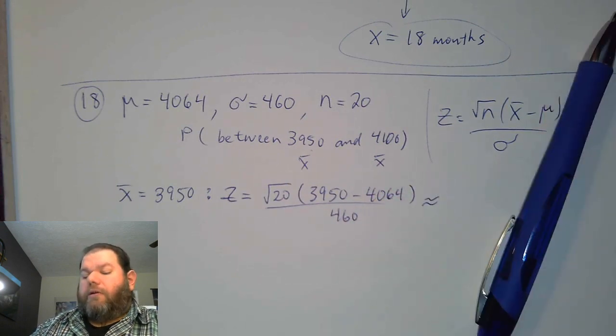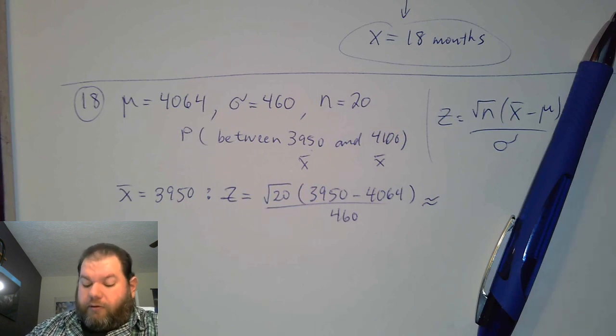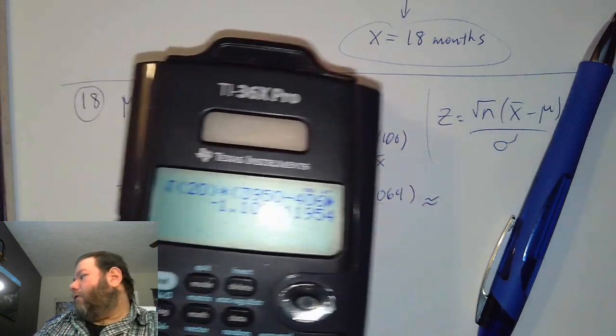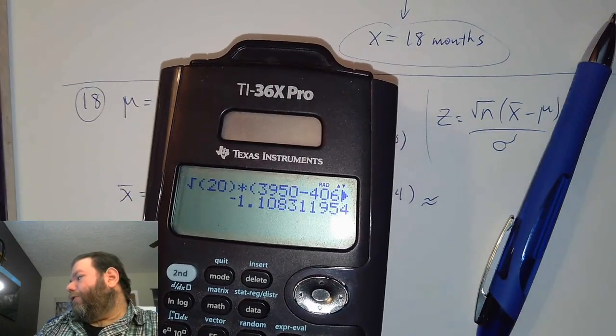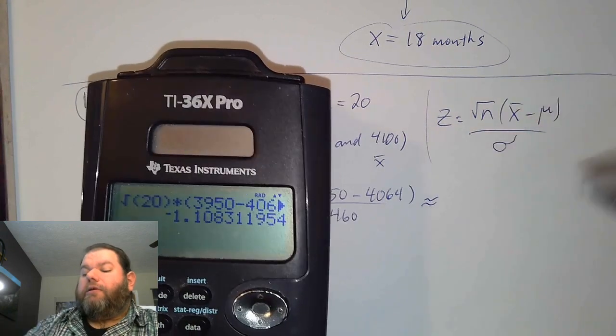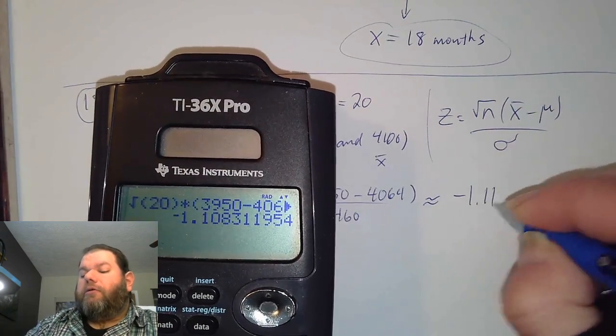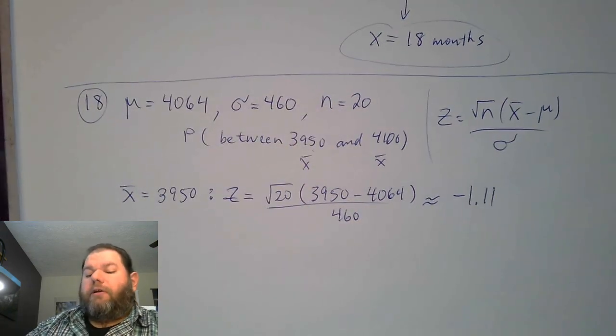So we take root 20 times parentheses 3950 minus 4064, and then divided by 460. So that gives us negative 1.11.